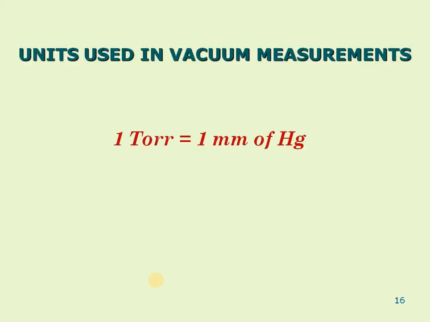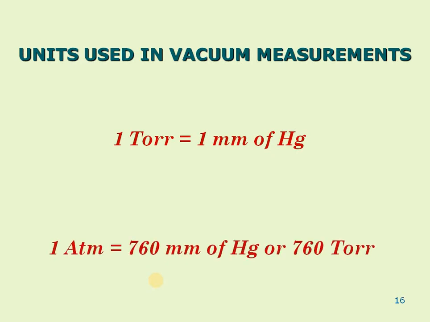Okay, and as a reminder, once again we are emphasizing: 1 torr is equal to 1 millimeter of mercury, and we will be mostly using this particular unit. Another one is 1 atmosphere, which we will be rarely using, that's equal to 760 millimeter mercury or 760 torr.